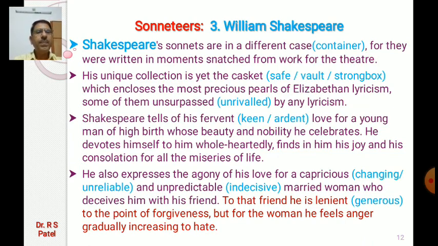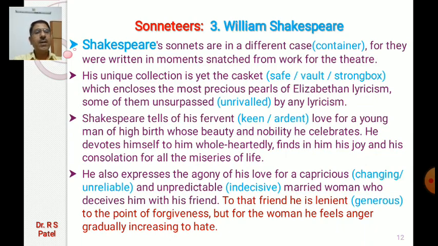He finds in him his joy and his consolation for all the miseries of life. That young man is the source of inspiration as well as consolation for him for all the miseries of his life. So, from that young man, he finds his joy as well as consolation for his life.